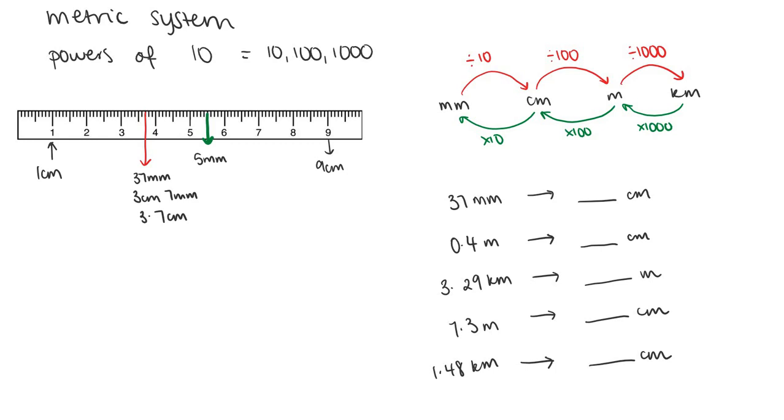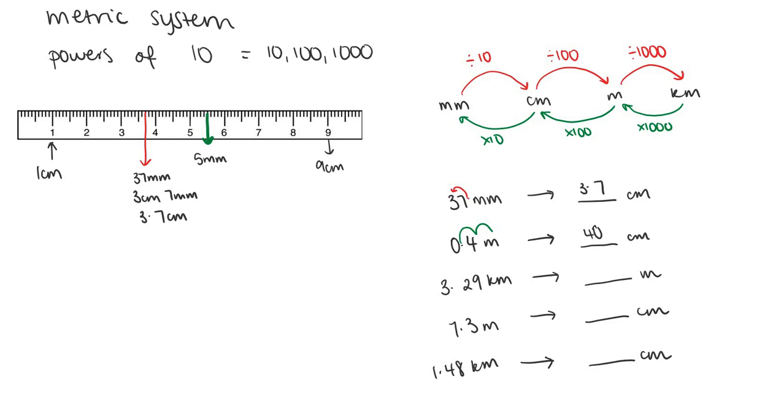So going from millimetres to centimetres, we are going to divide by 10. We're just going to move that decimal place once, which would get us 3.7 centimetres. Going from metres to centimetres, we are going to times by 100. So I'm going to take this and move it twice to the right, and that would give me 40 centimetres.